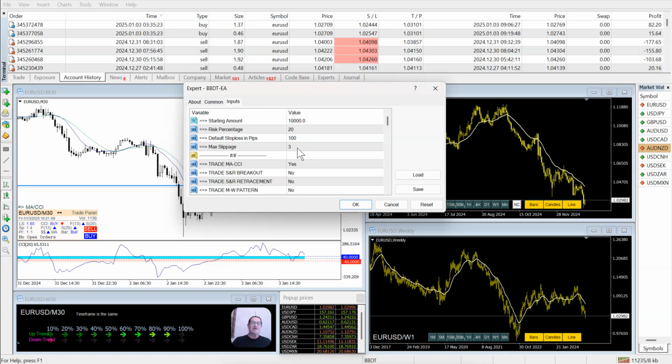And 3 is a good number. You can go as high as 5. It doesn't really matter, but 3 seems to work flawlessly, so I suggest you leave it at 3.